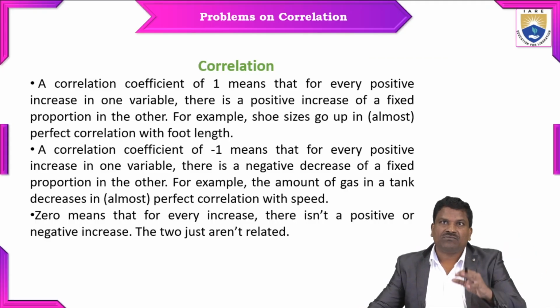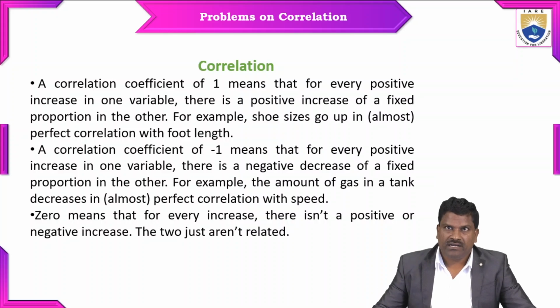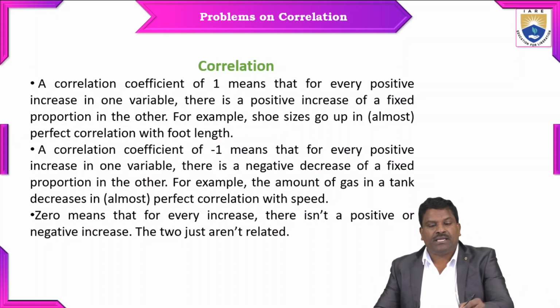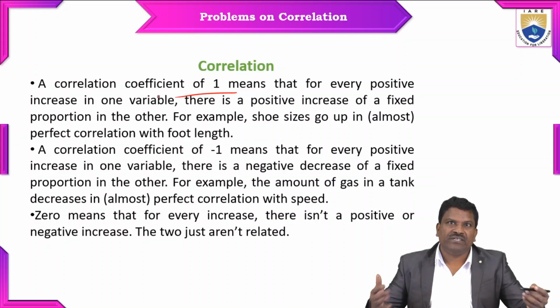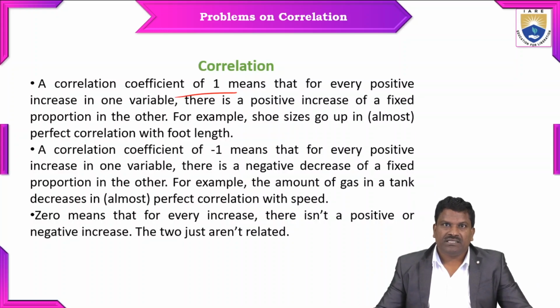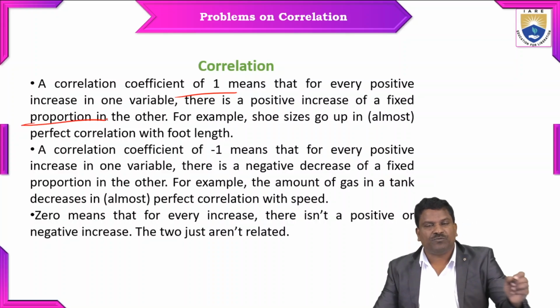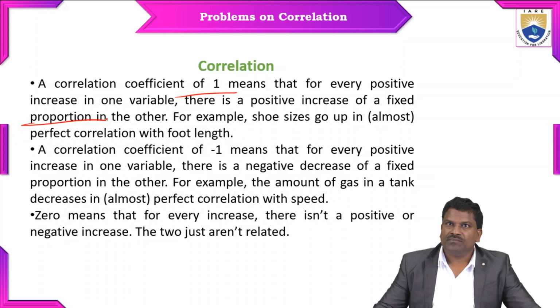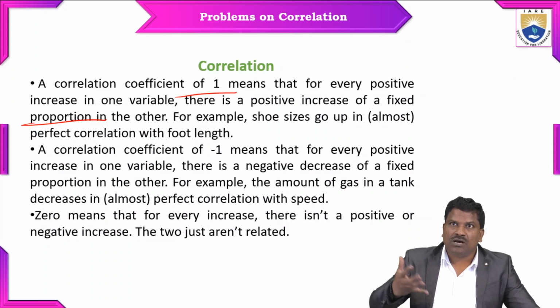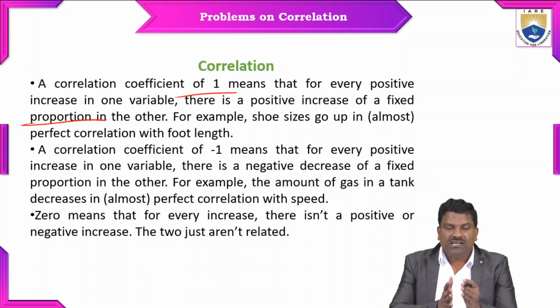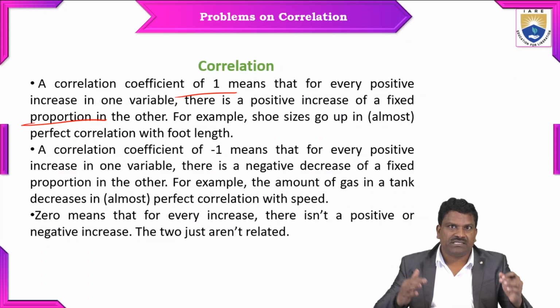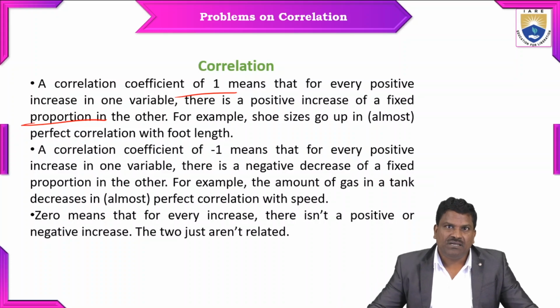A correlation coefficient of 1 means that for every positive increase in one variable, there is a positive increase of a fixed proportion in the other. For example, shoe sizes go up in almost perfect correlation with foot length. Normally they vary for elders from 6, 7, 8, 9, 10 maximum.